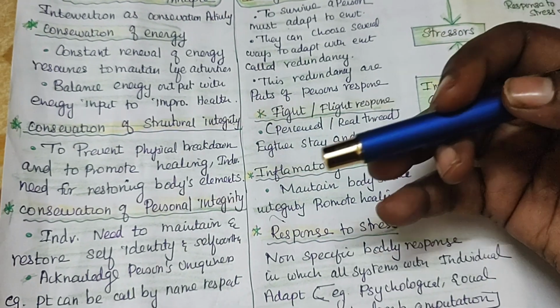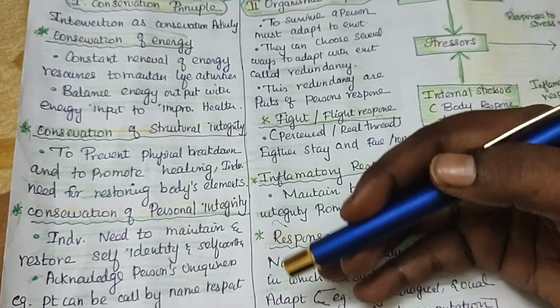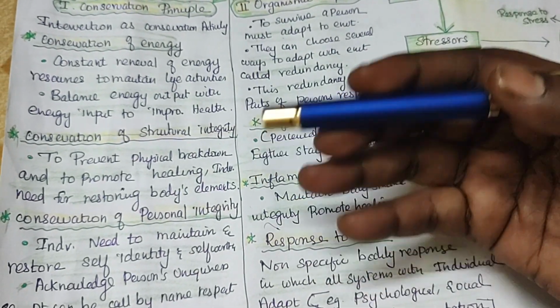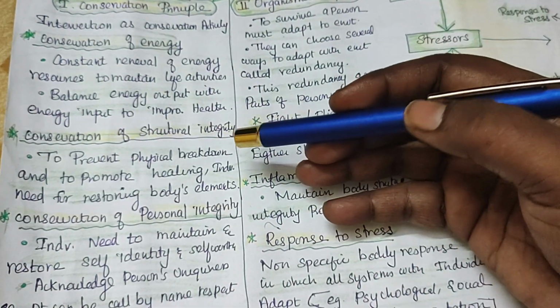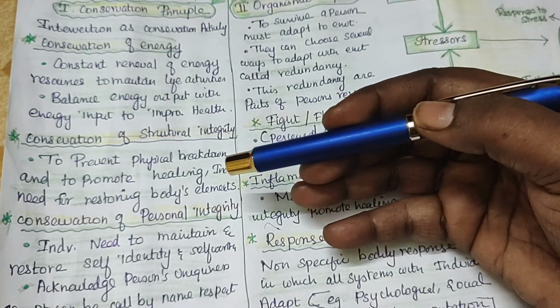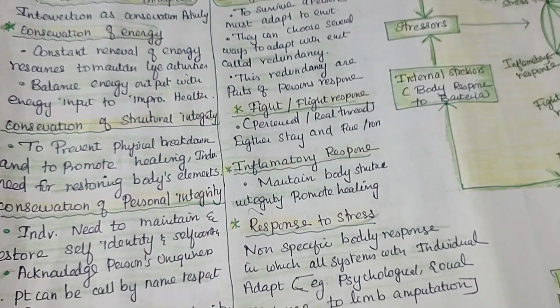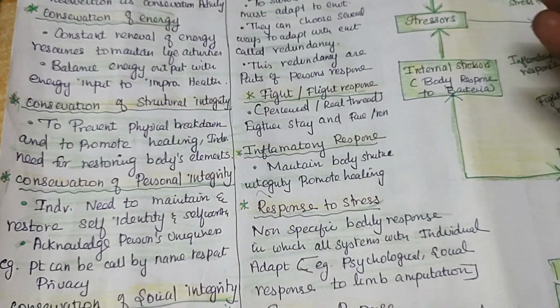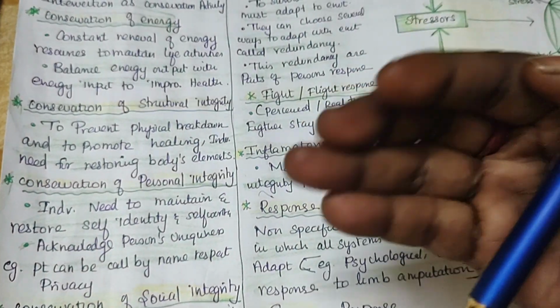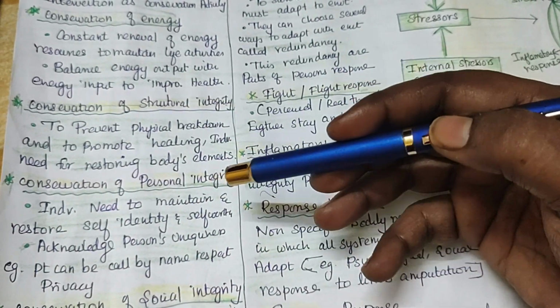It is to restore our body elements, prevent any loss, prevent physical breakdown, and promote healing. We should restore bodily elements, whether RBCs, WBCs, or others, to maintain the structural integrity of any individual.